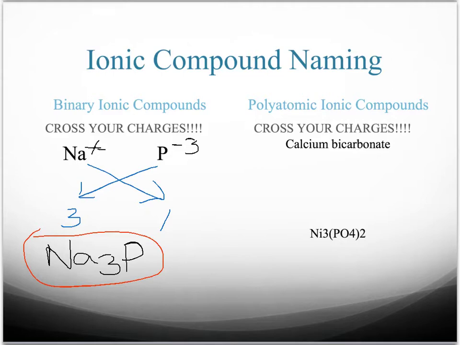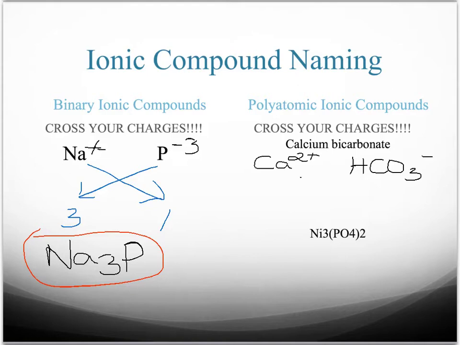So in our first example, we have calcium bicarbonate. The first thing we need to do is determine what calcium is. Calcium is Ca, and it has a 2+ charge. Bicarbonate is one of the ones on your anion list. The formula for that one is HCO3, and that has a -1 charge.